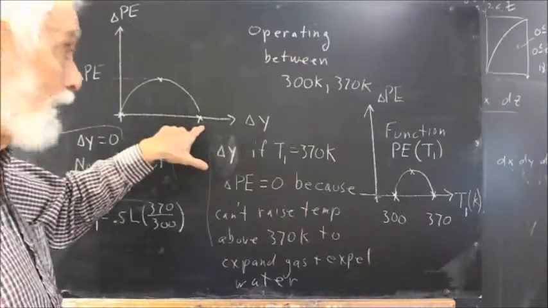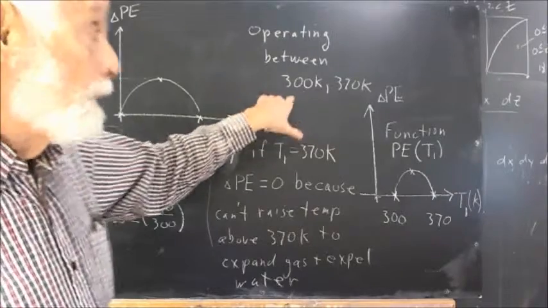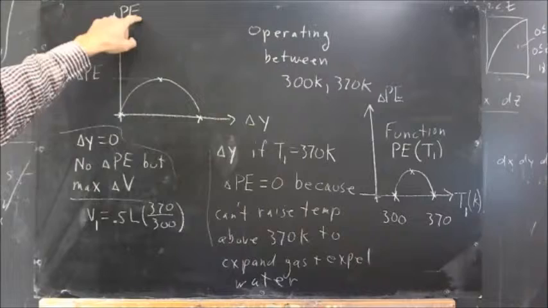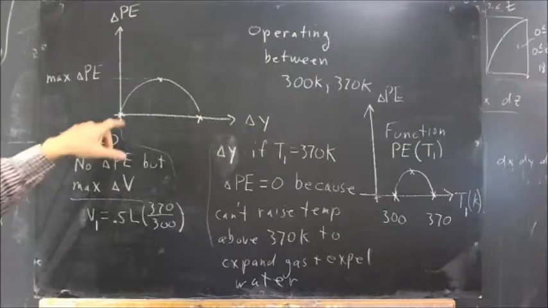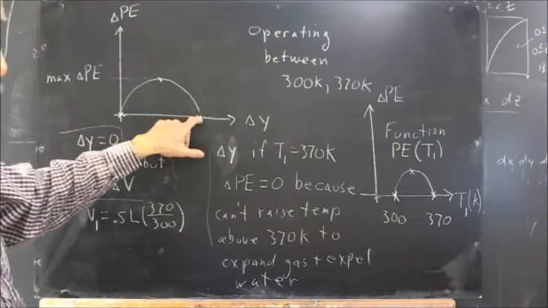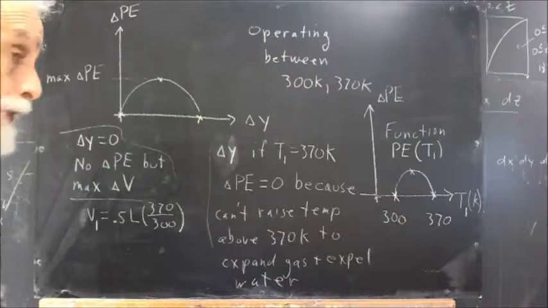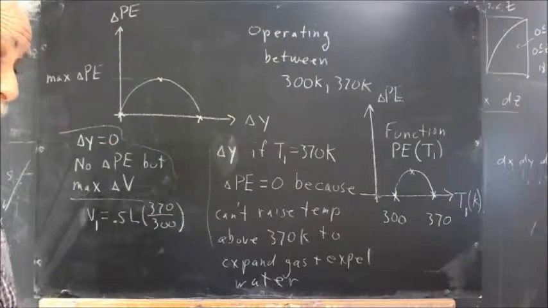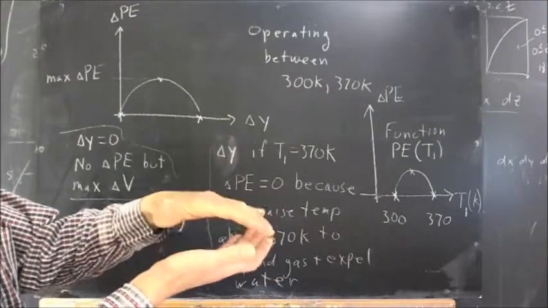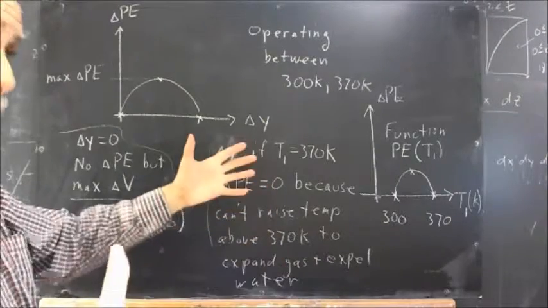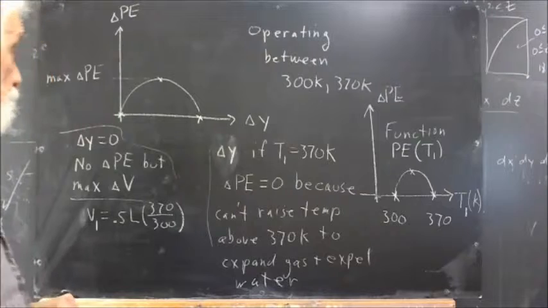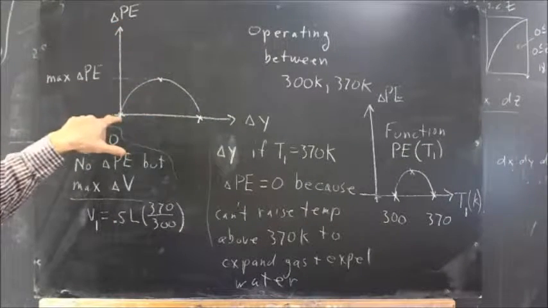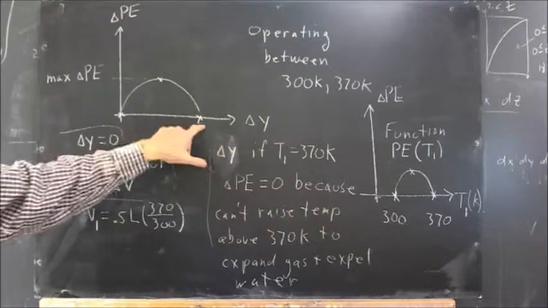So for delta Y at the maximum height to which we could raise water between these two temperatures, again we get no potential energy change. So between no potential energy change here and no potential energy change here, we will have positive potential energy changes because we will be raising the water at least a little bit, and we will be expanding the water at least a little bit. So the change in potential energy will be positive for every delta Y between here and here.